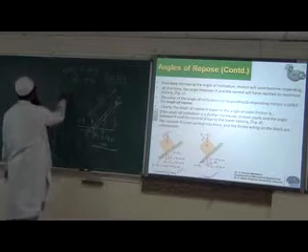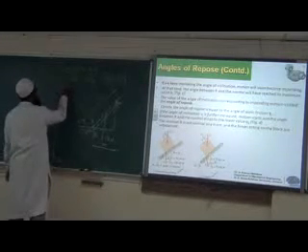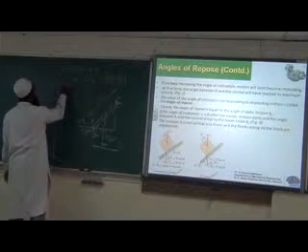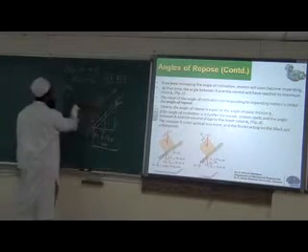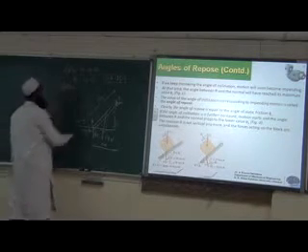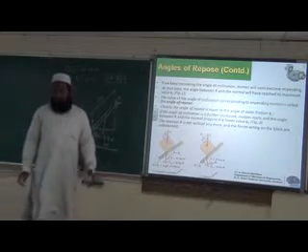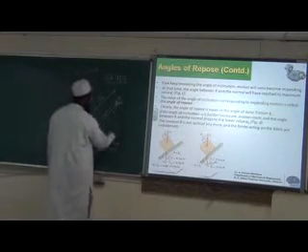Next, use counterclockwise moment about point B, the summation of all the moments about point B. So what is this distance? 3.5.